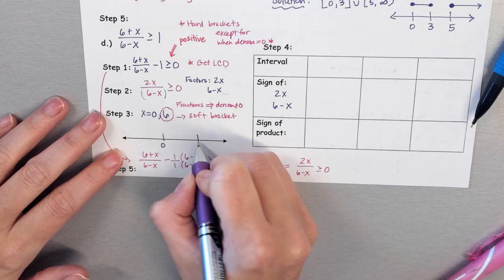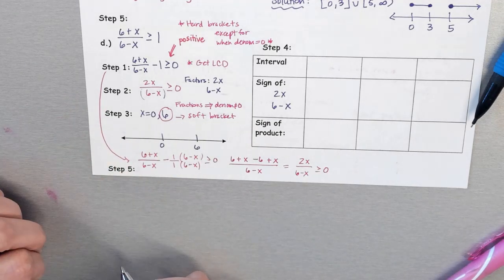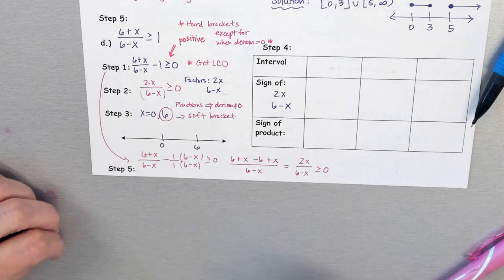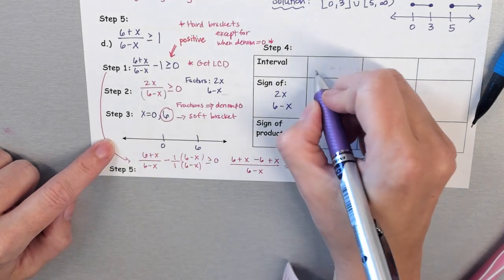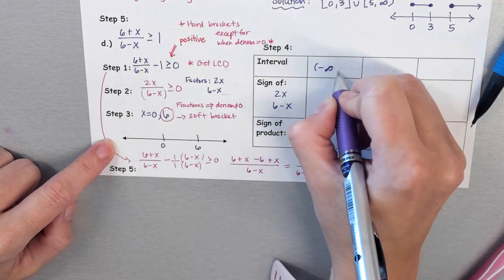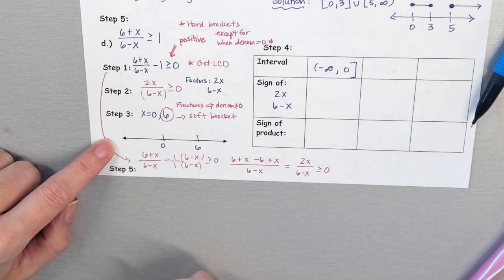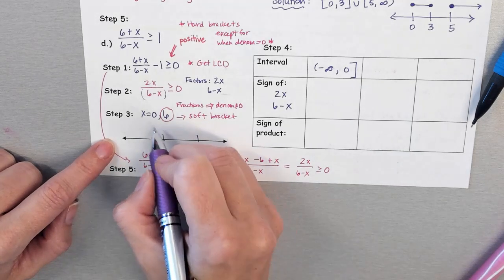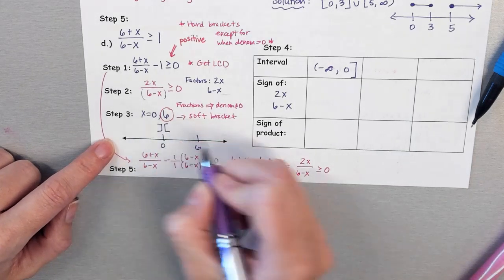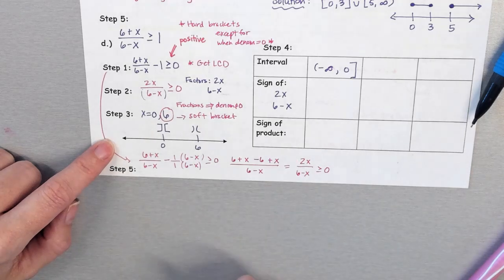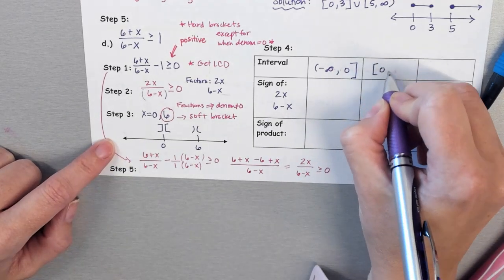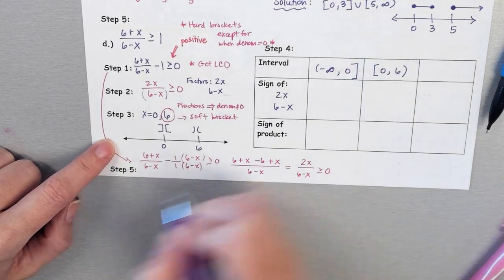So we have the 0 and the 6. This interval here would be negative infinity to 0. That is a hard bracket. Hard bracket for 0, 6 is a soft.